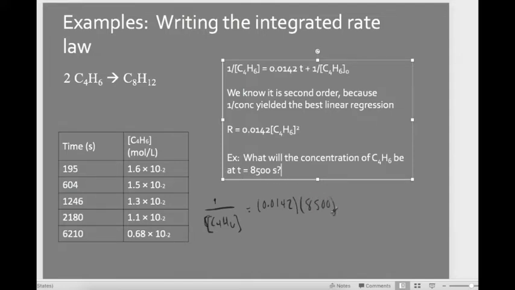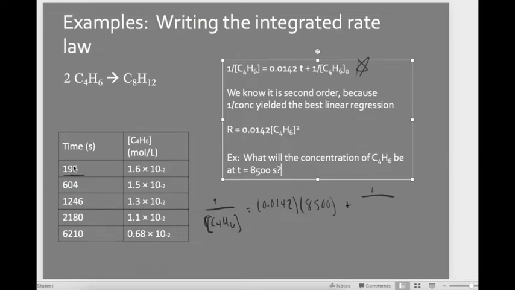Again, this rate law is useful because now I can plug in any time and find the concentration, plus 1 over the initial concentration. And the initial concentration, I don't actually have the initial concentration, do I? I have the concentration at 195 seconds. So I need to go back to my linear regression and get that initial concentration.